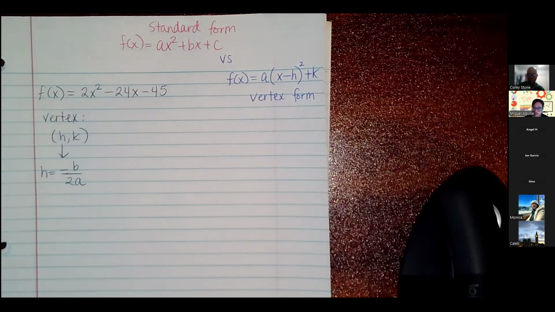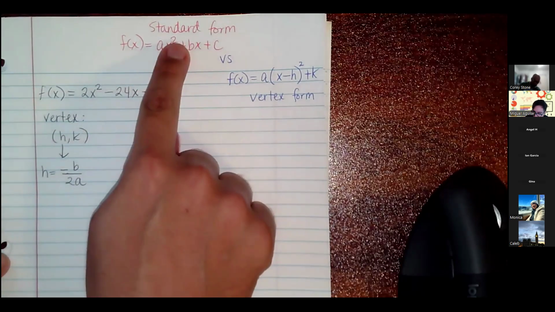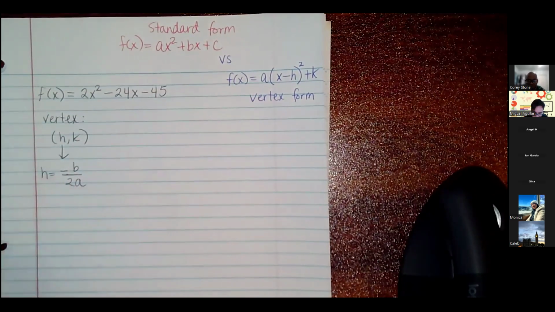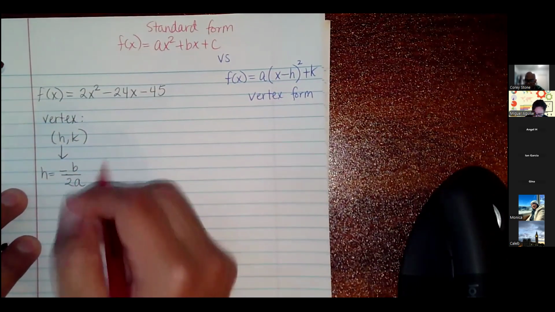Or when it came to the factoring, I had you guys ask, how many terms are there, right? If there's 3 terms, you do this. If there's 4 terms, you do this other thing. So now when we're talking about quadratic functions, we have to ask ourselves, is it standard form? Is it vertex form?